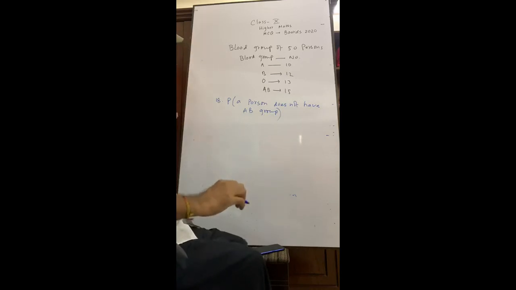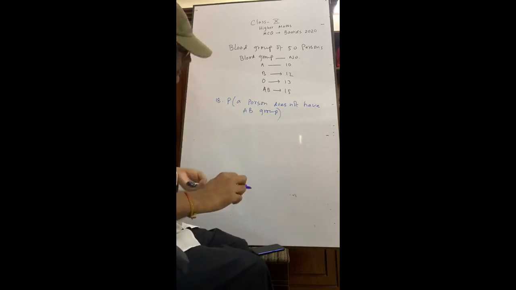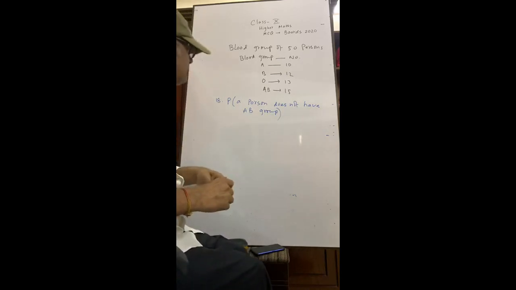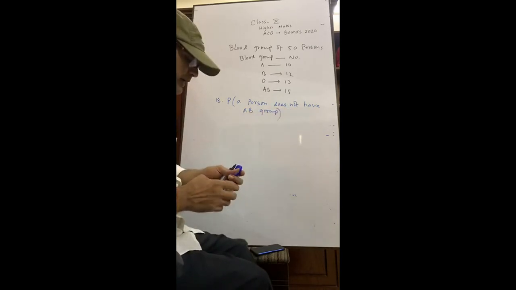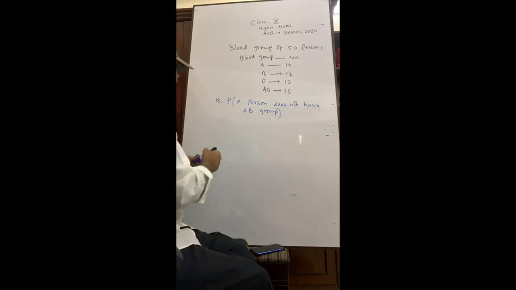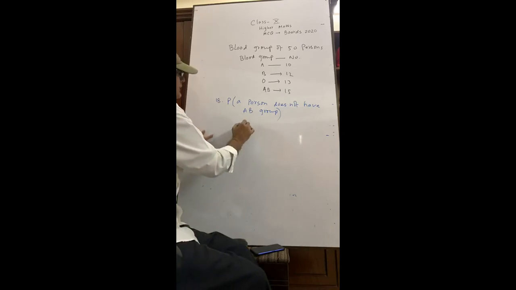What is meant by this? If there is any not, then what will you do? At first you have to find the positive. That means suppose it is number of AB.